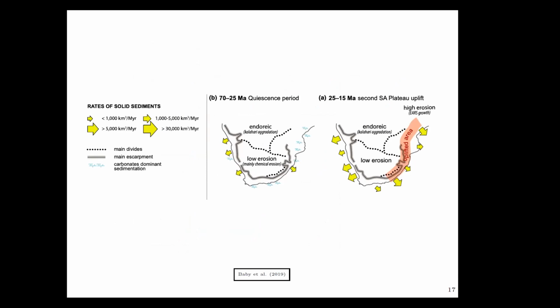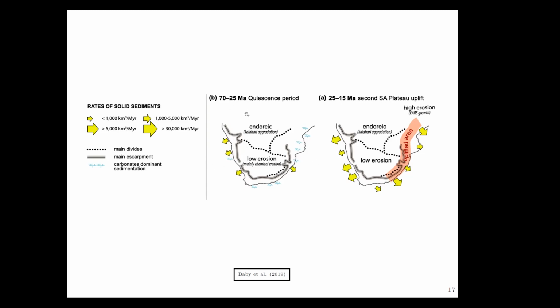Now, another study, which is partially in contrast to what we saw, is the study from Bobby et al., who studied the sedimentation around the southern margin of the African continent. Basically, from their analysis, it comes out that much of the elevation in Africa is actually old, prior to 100 million years.